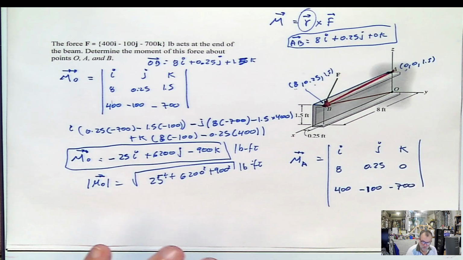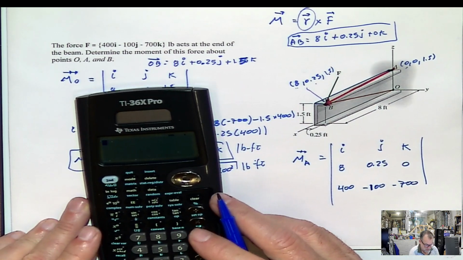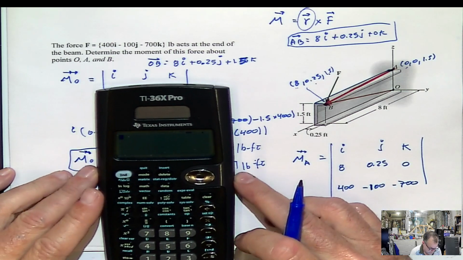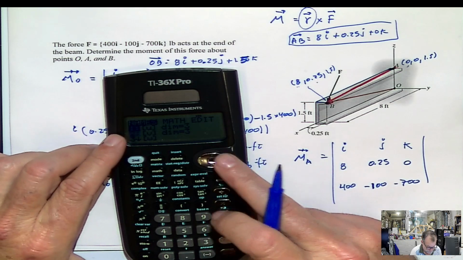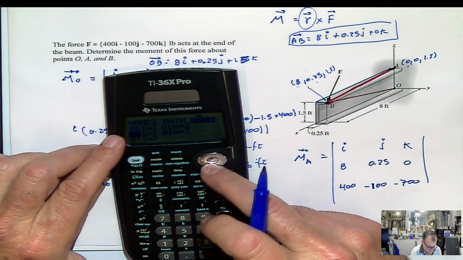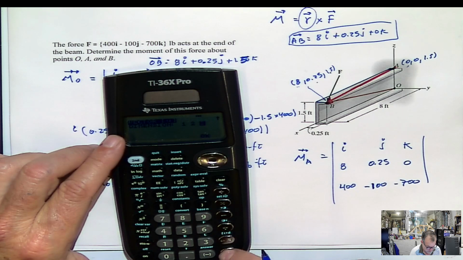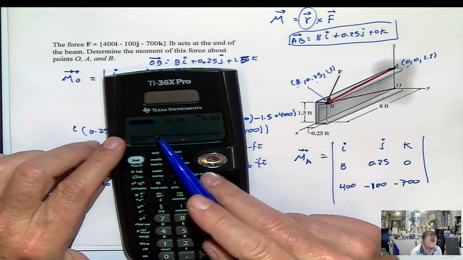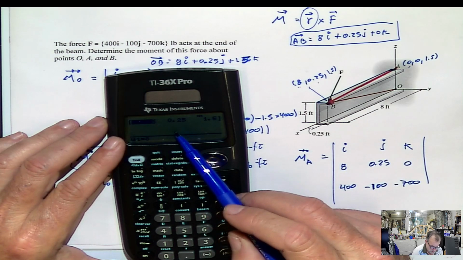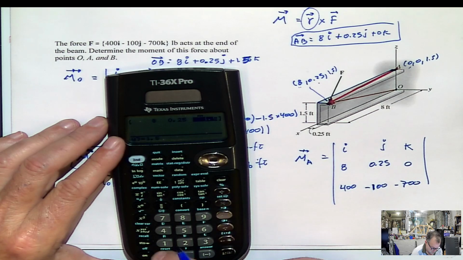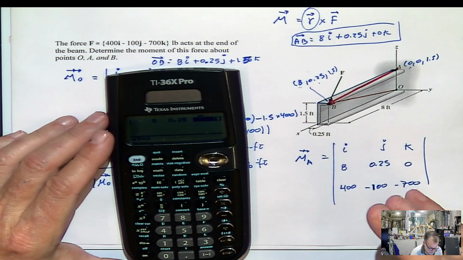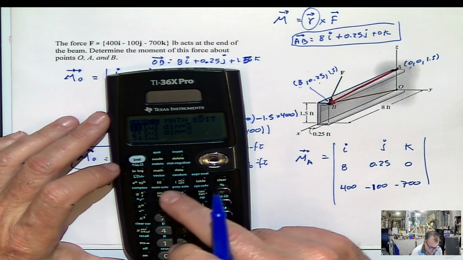And now you just solve that here, which is going to be easier in this problem because all the values are basically there. So I go to vectors, vector u, I'm going to edit the vector u, dimension 3, yes, and I already had the values from before, so 8, 0.25, but in this case it's 0, and that's that vector.